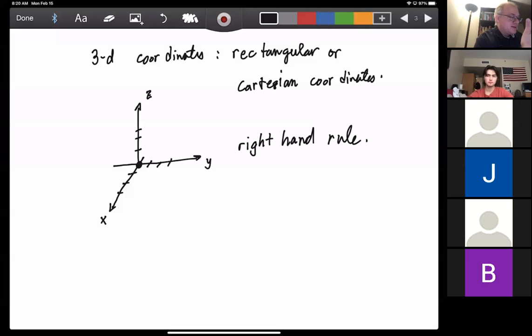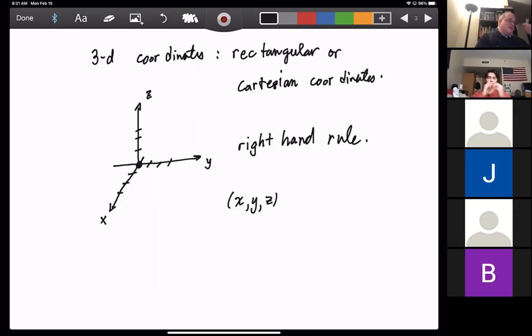So x, y, z are the first, second, and third coordinates or components of your label for points in three-dimensional space. And you have to follow the right-hand rule to see how these axes are related to each other, at least the standard convention for how the axes are related to each other. Right, so you should always remember that.